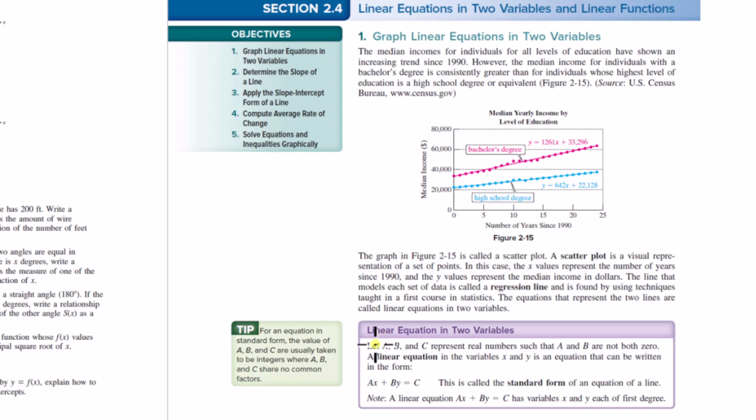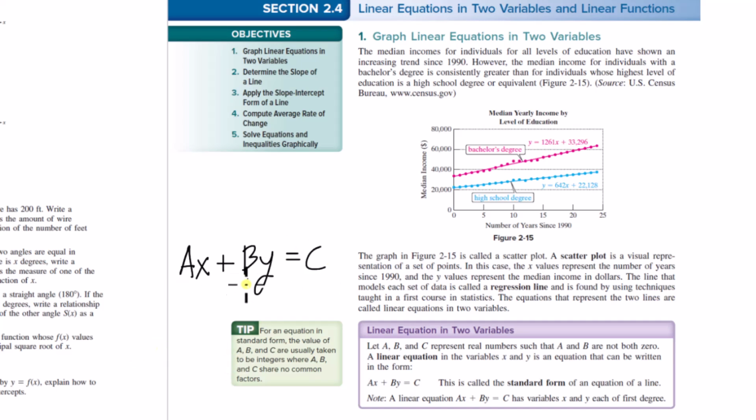Okay, and so this definition here talks about a linear equation in two variables, and they write out this all-encompassing form where they say a linear equation in two variables, in complete generality, you can think about as being a constant times x plus a constant times y is equal to a constant.